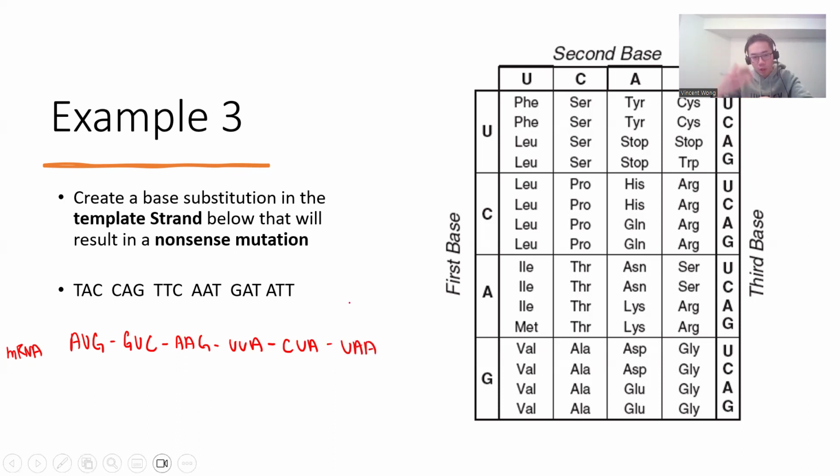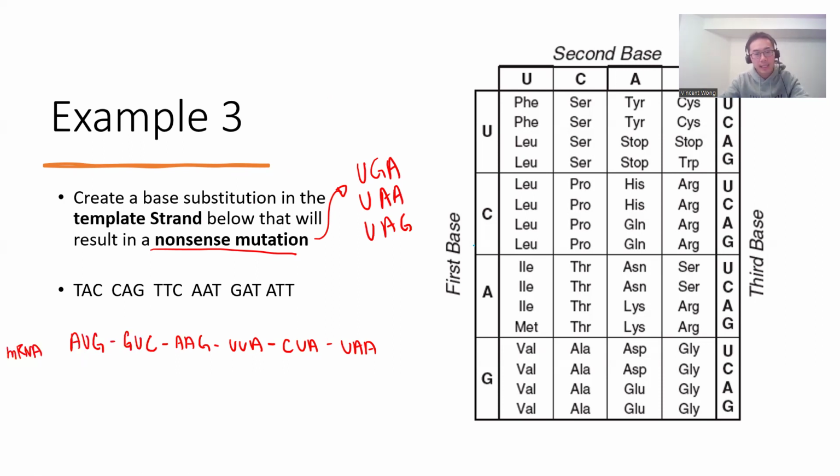I'm just changing from template to mRNA. There's nothing special about this. And now I have to create a stop codon because it's asking me for nonsense. So UGA, UAA, UAG.